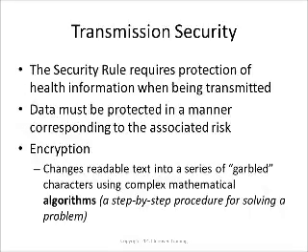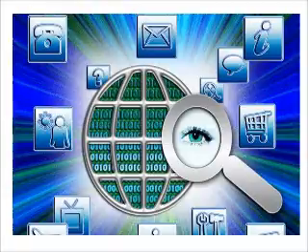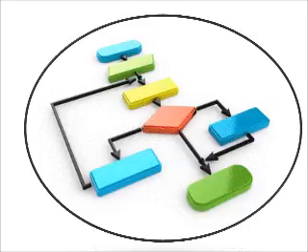Transmission security. The security rule requires protection of health information that is being transmitted. Data must be protected in a manner corresponding to the associated risk. So what is encryption? Encryption changes readable text into a series of garbled characters using a complex mathematical algorithm.